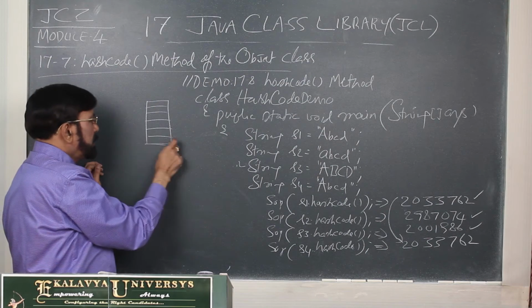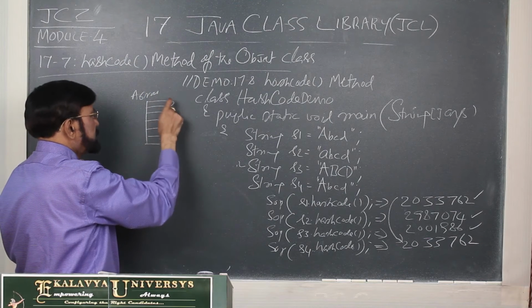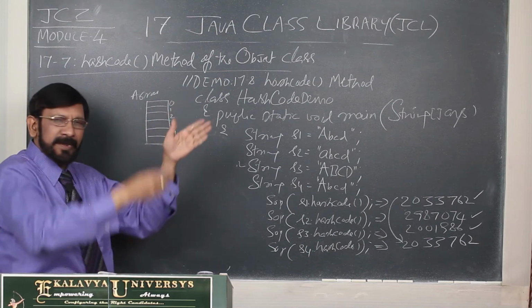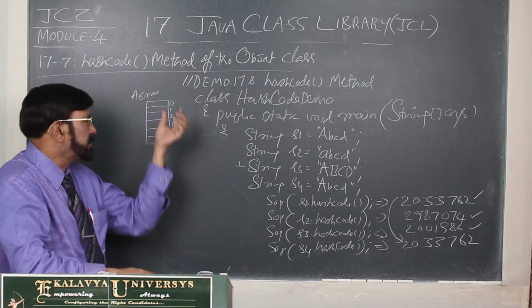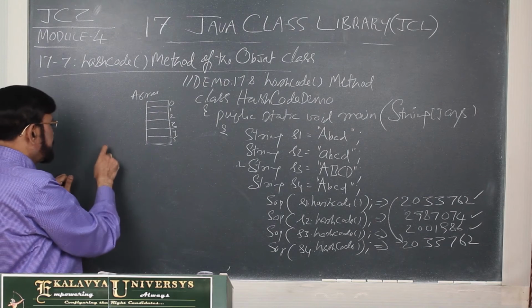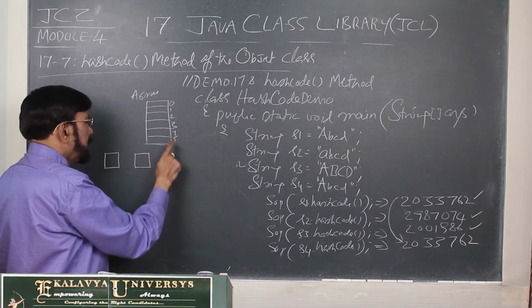In an array, what is the speciality or unique feature? It is indexed like this. It is like a train, and these are all like compartments. If you know the other data structure, it is what we call a linked list.